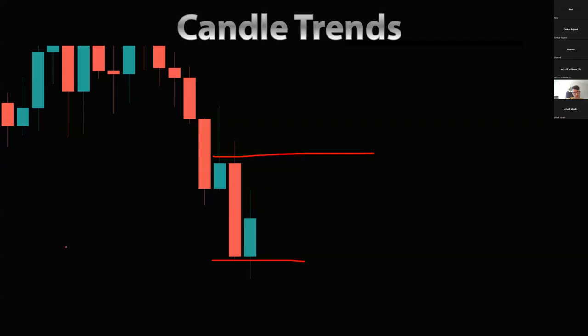In a downtrend, do you think this is going to be a good idea to take a buy, maybe to fill this range? No, that doesn't look like a big range. So if we're not taking a trade, what are we doing? Waiting. Perfect.